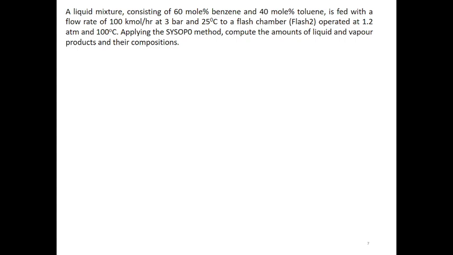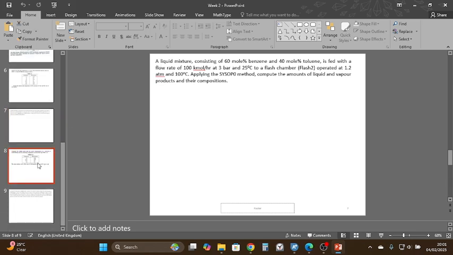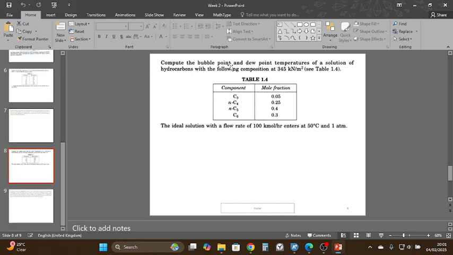We have to use the CSOP 0 method and compute the amount of liquid and vapor products and their compositions. I had already explained the bubble point question. Here, bubble point and dew point both are being asked. So try to simulate this problem and report the answers in the next class.